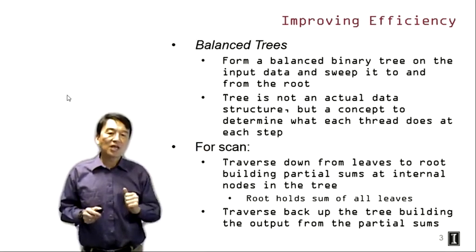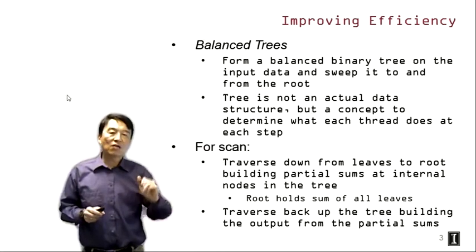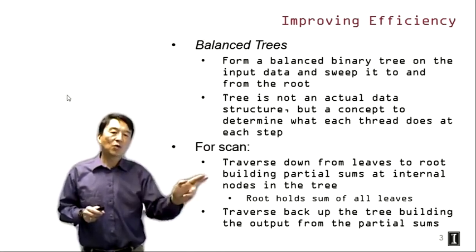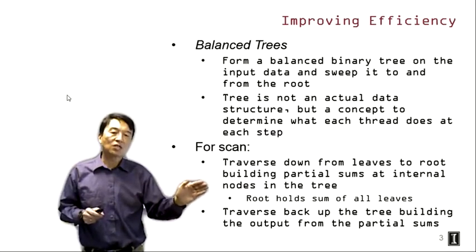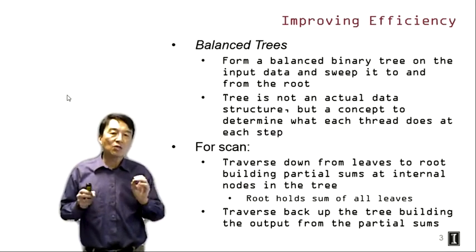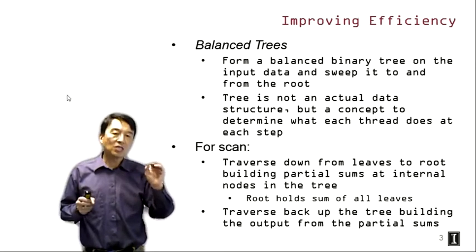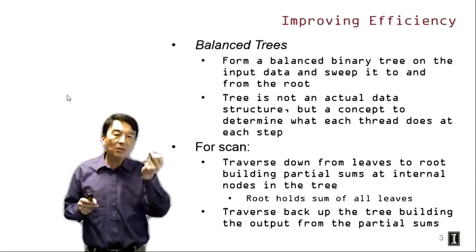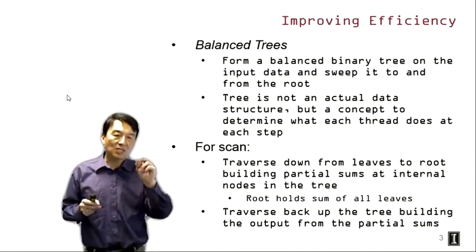So for scan, we're going to traverse down from the leaves to root, building a partial sum at the intermediate internal nodes in the tree. And essentially what we're doing is, at each step, whenever we compute a partial sum, we will be updating one of the data elements in the shared memory.